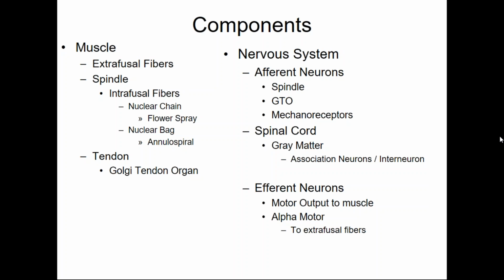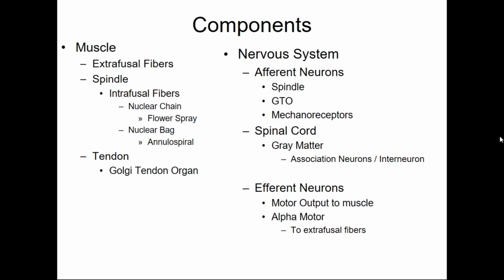The other muscular component is the tendon, and the tendon is a result of strands of fascia coming from each of the different muscle fibers. They unite together to form a singular tendinous component which attaches onto the bone tissue. Located where the muscle fibers end and where the tendon starts is a structure called the Golgi tendon organ, which is responsible for monitoring contraction in the muscle.